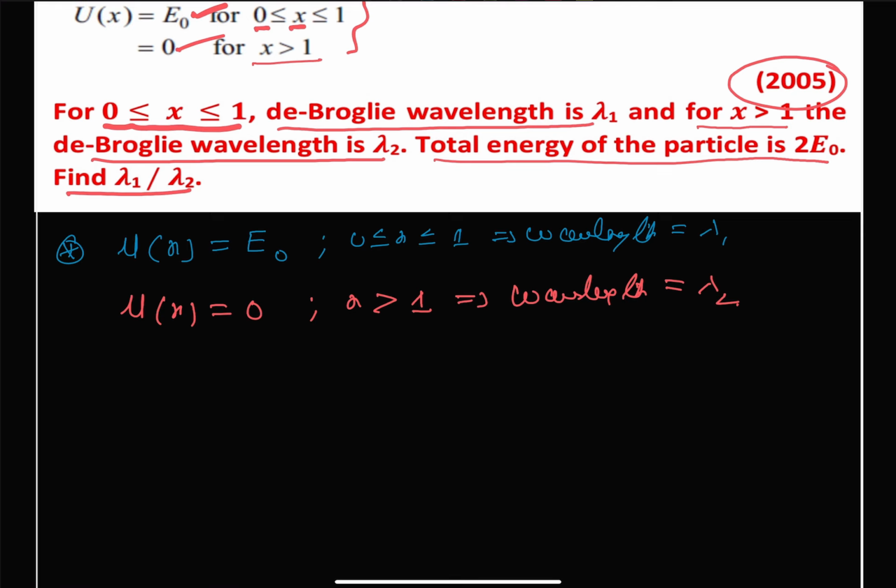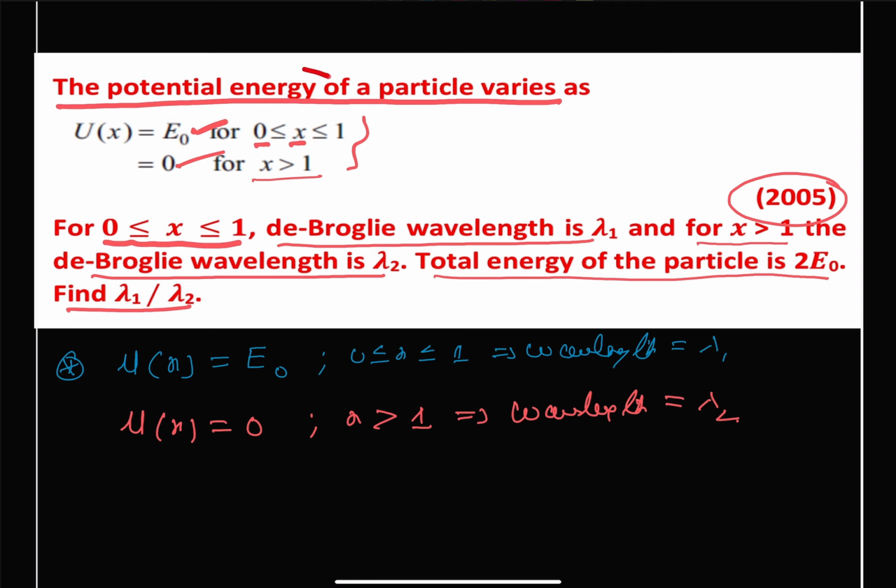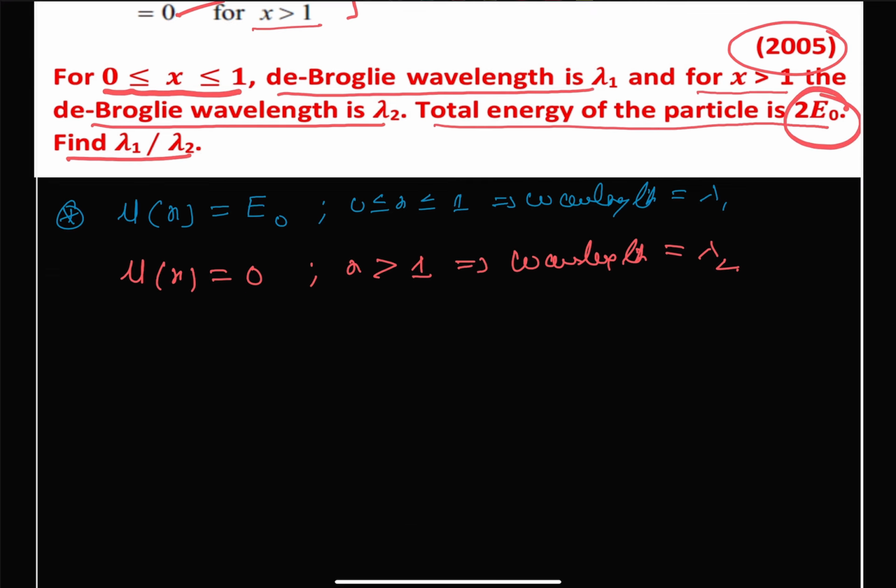So obviously total energy is the summation of the kinetic energy as well as the potential energy. Because the equation is given in terms of the potential energy only, and the total energy is given, from here we can find out the total kinetic energy.